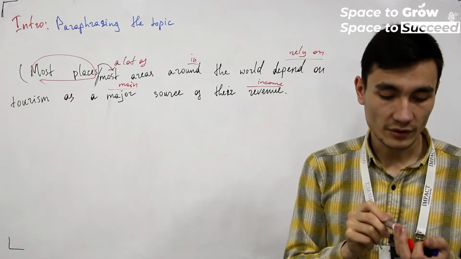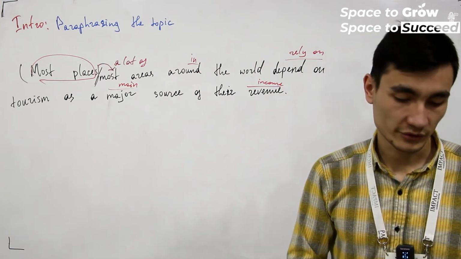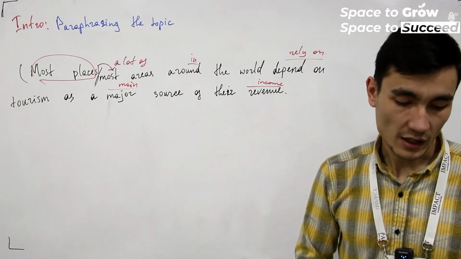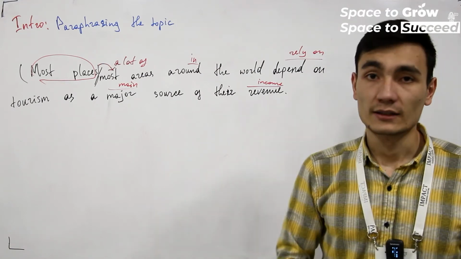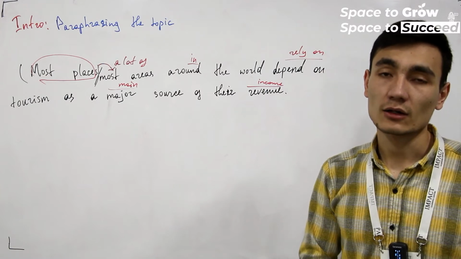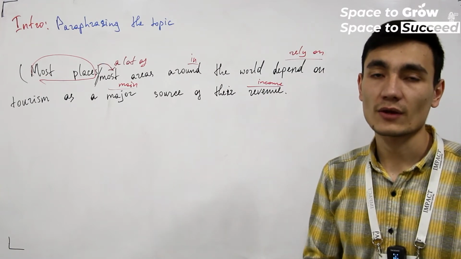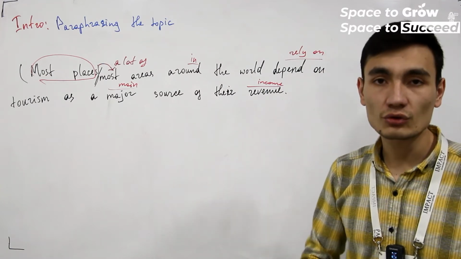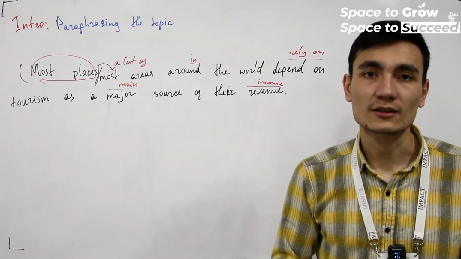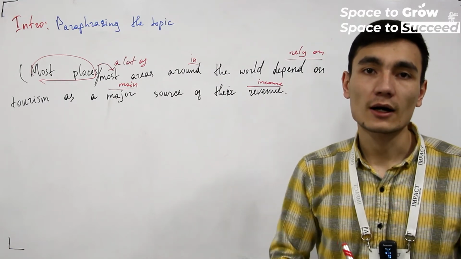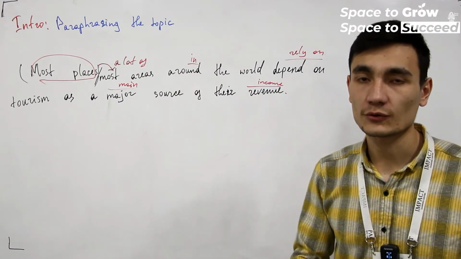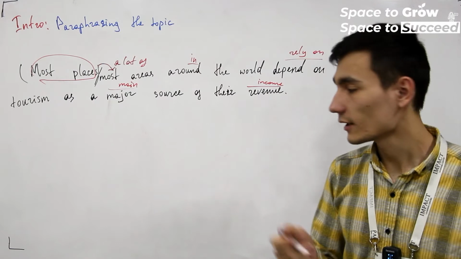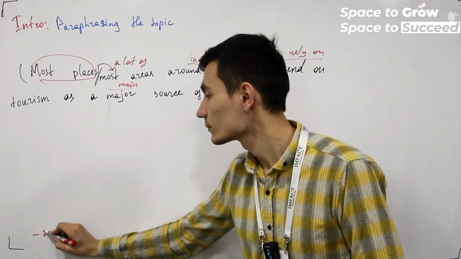So basically we paraphrased these words, and after this part you have the word unfortunately. The thing with unfortunately is that it carries a little bit of emotion. Unfortunately means that you don't favor it, that you don't like it, you're against it. So we have one module in task 2 that you have to pay attention to. It is called avoiding emotions.